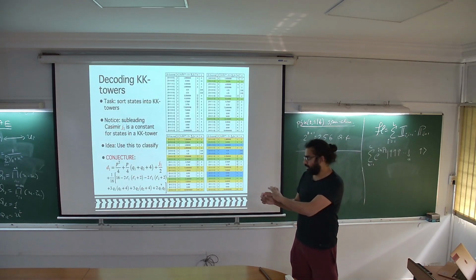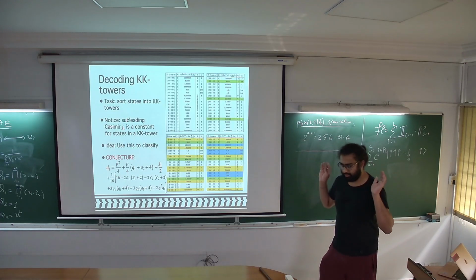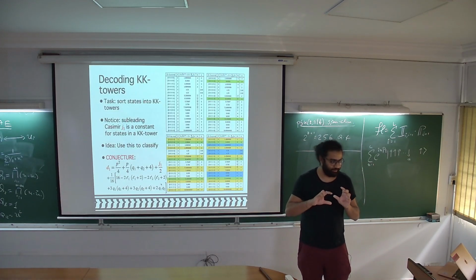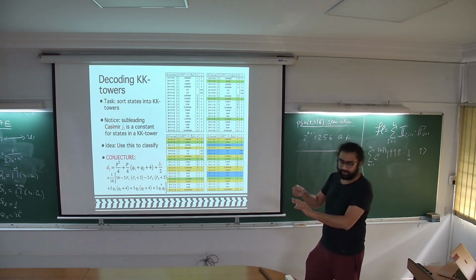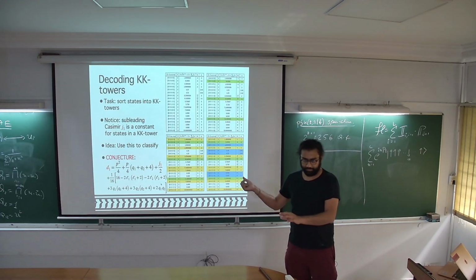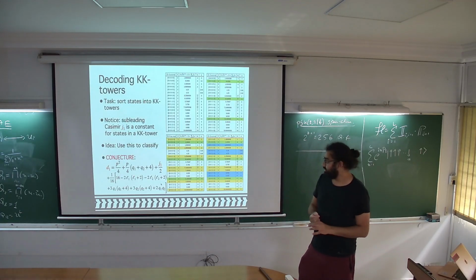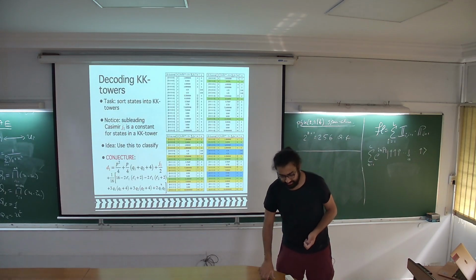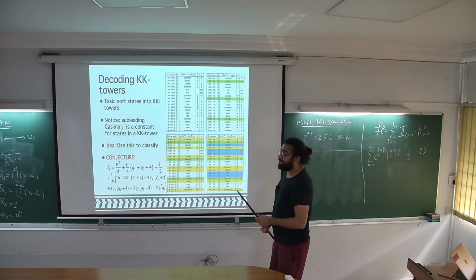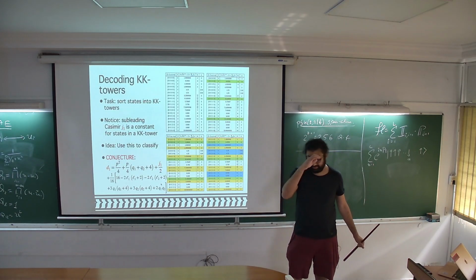That's what they provided us, and what we did was produce data, and we wanted to see if we can map our data to the Kaluza-Klein tower counting done by Alday and friends. Basically, the reason for saying all of this is that we need to understand how to sort states into Kaluza-Klein towers.